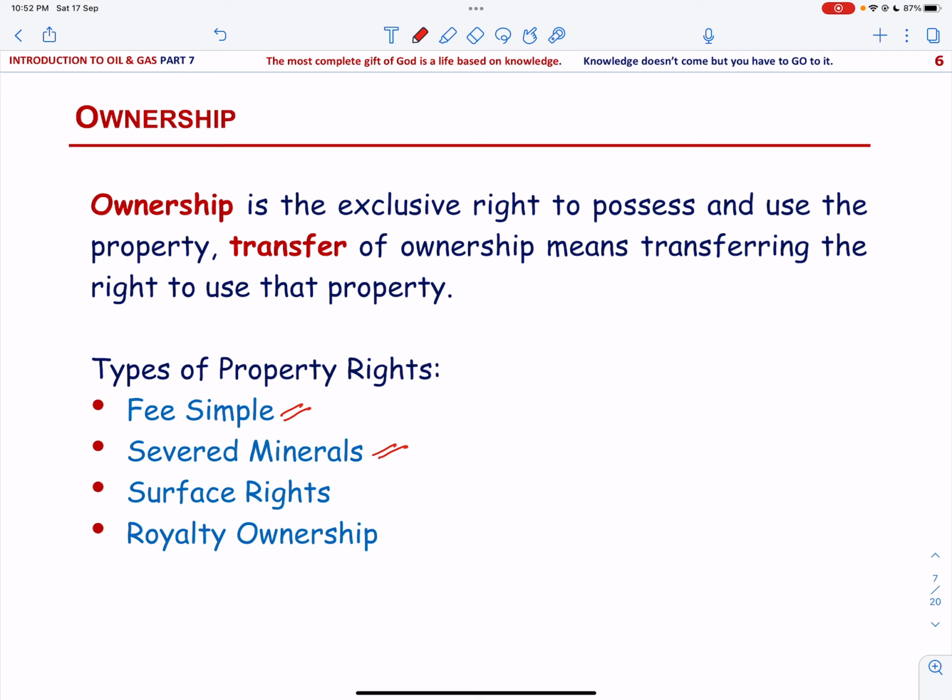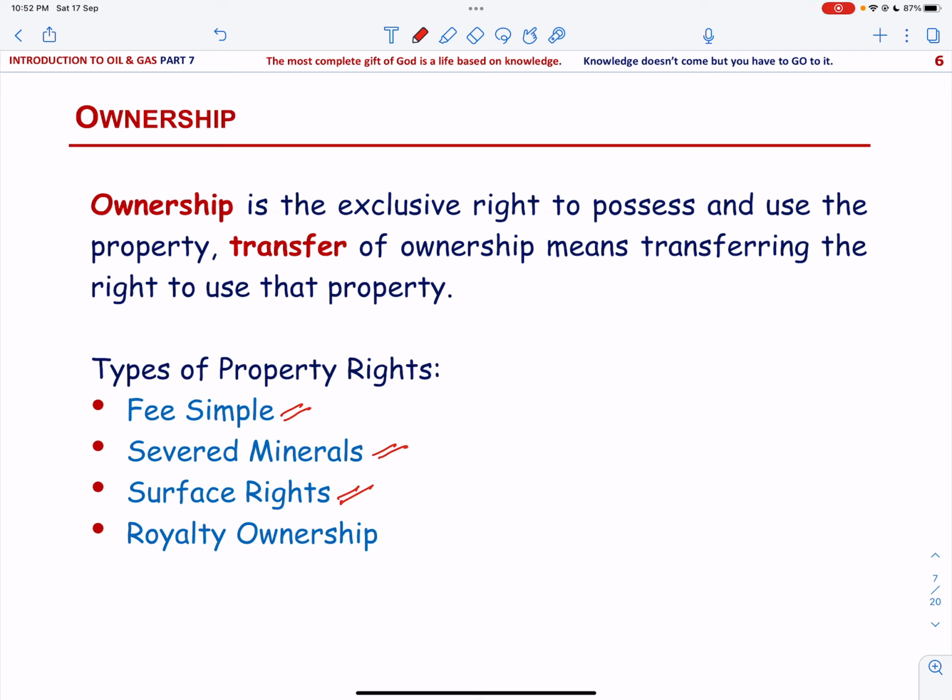Interestingly, the mineral owner is entitled to the use of the surface as necessary for recovering any minerals below the surface. Next, we are going to talk about surface rights. The owner of the surface rights has only the rights to the surface land and the associated fixtures like building or house. In this case, the surface owner does not have the right to grant an oil and gas lease.